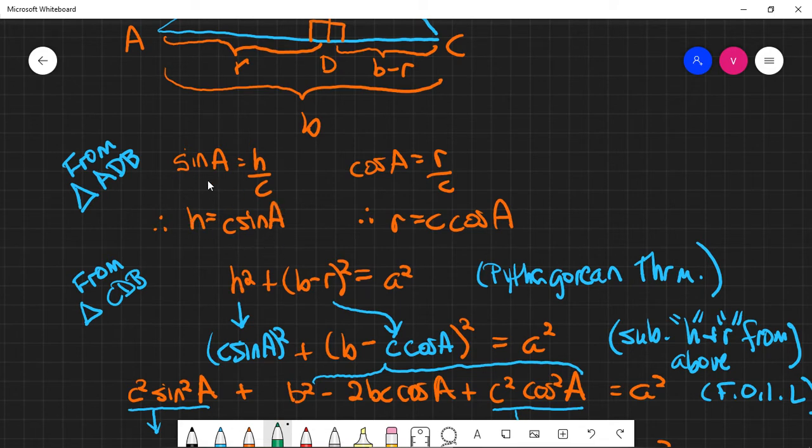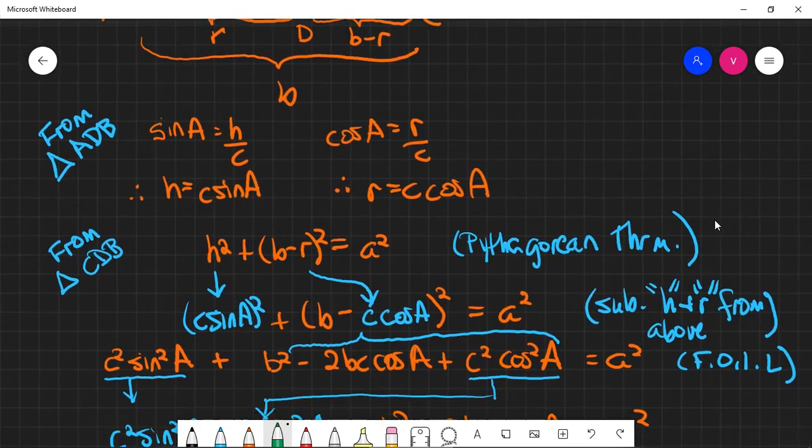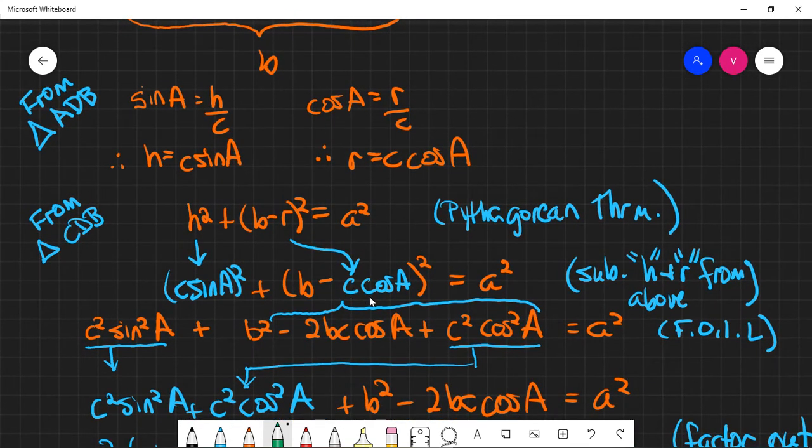Well, guess what? What is h? You just solved for h up here, right? So we're going to substitute in c sine A for h. And b minus r, we just solved for r, so we're going to substitute in c cosine A. Here we go: leg squared plus leg squared equals hypotenuse squared, with the h and the r substituted in.